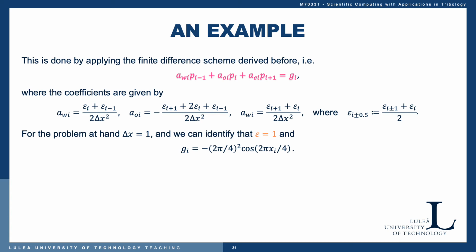Now the right hand side in discrete form is just g_i in the points x_i. So all this means that the coefficients a_W,i, a_0,i, and a_E,i are just the most simplistic numbers, 1, minus 2, and 1 respectively.